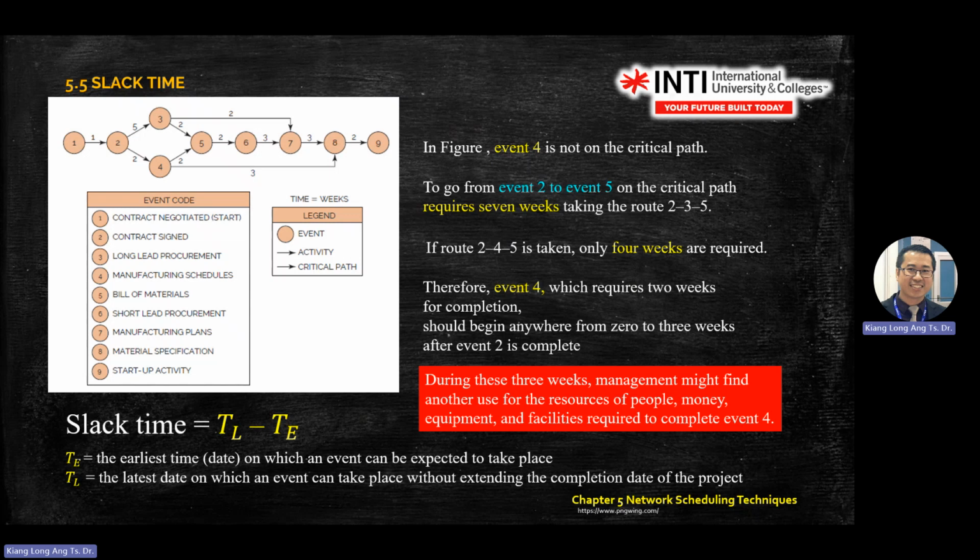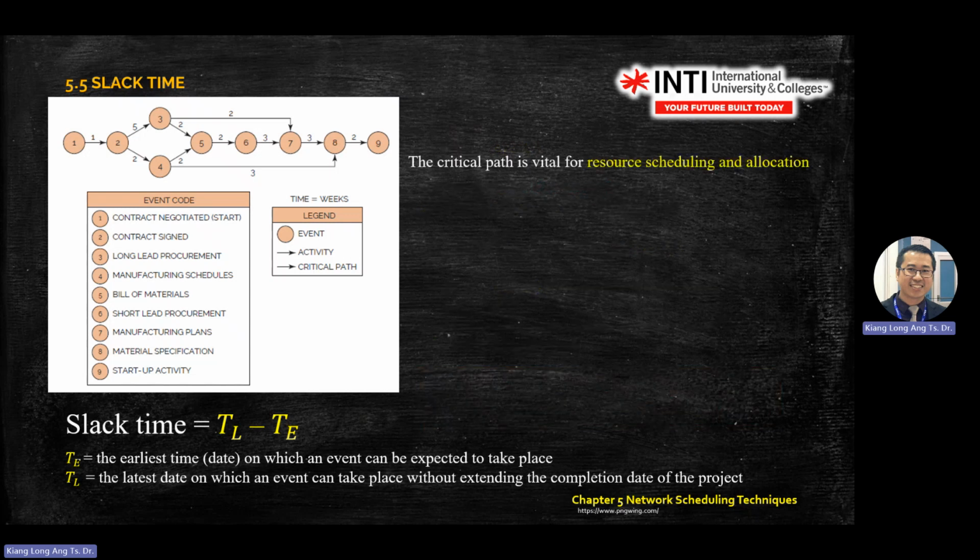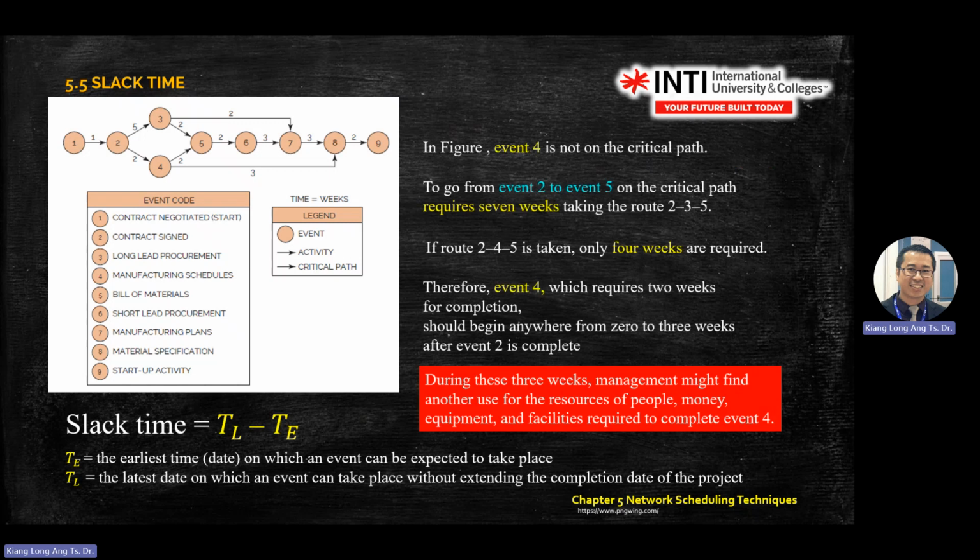So during these 3 weeks, you can do other things that might be useful to the companies. For example, at this time maybe you can lend your staff to another department, then they come back after the other team reaches event number 5.